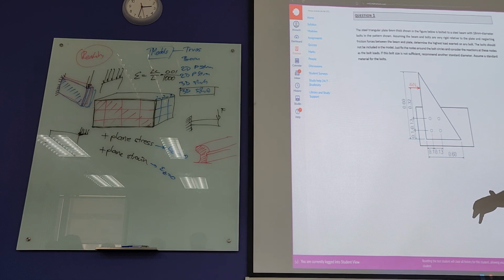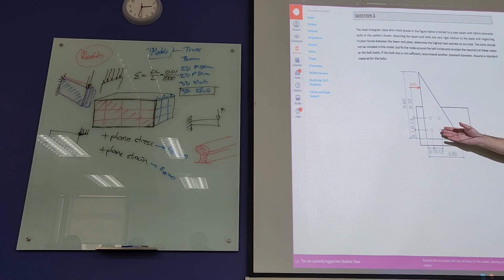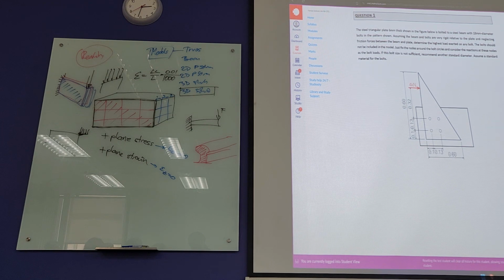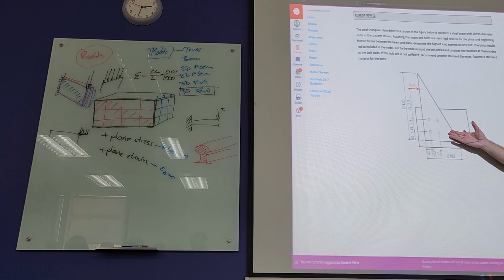this and that, detail about bolts may not be important. So you can ignore it. You can replace bolts with boundary conditions. But if you're interested in sizing bolts and seeing how strong those bolts are, you would need to model those.